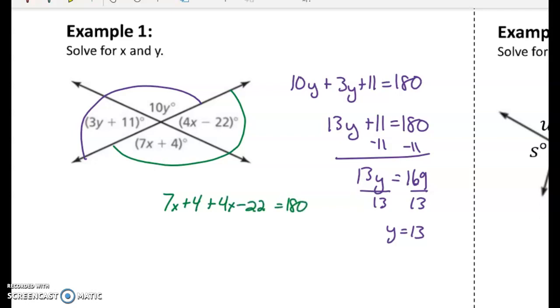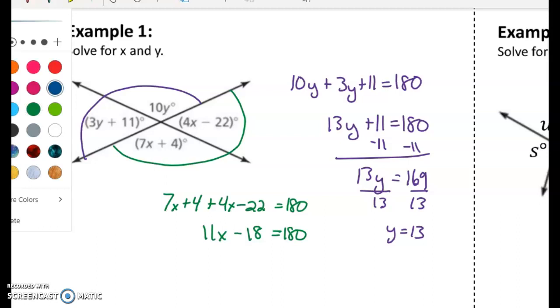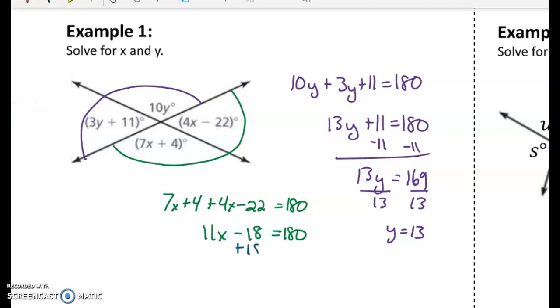So we can combine like terms. 7x plus 4x is 11x. 4 minus 22 is negative 18, and it equals 180. Okay, so from there to get x by itself, we add 18. We get 11x equals 198, and then divide by 11.